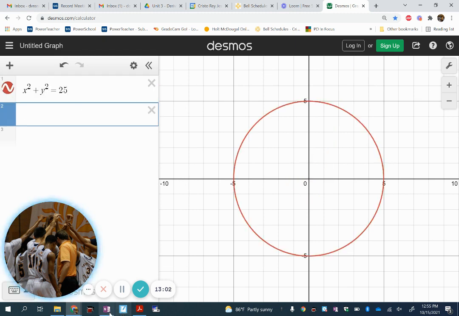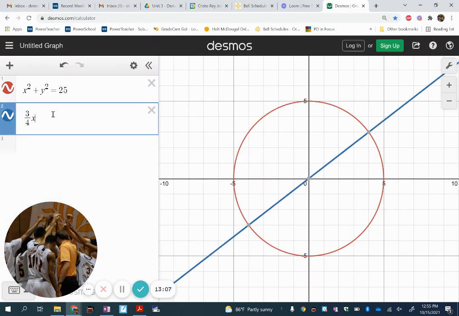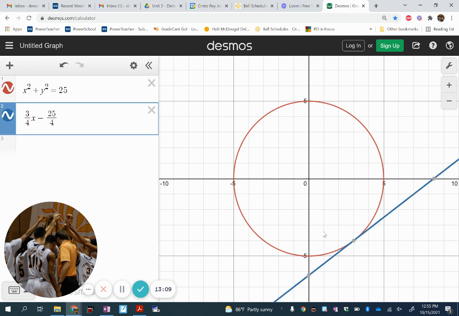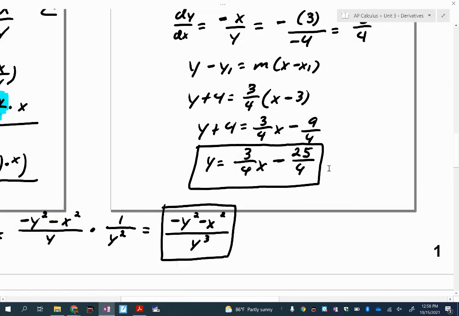And then our line that we just found that's tangent to this is 3/4 x minus 25/4. All right, so if you look, my blue line that I just graphed is tangent to this circle at 3, negative 4. So essentially that's what we did with the calculus and the algebra, and there it is graphing. All right, let's keep going from here.